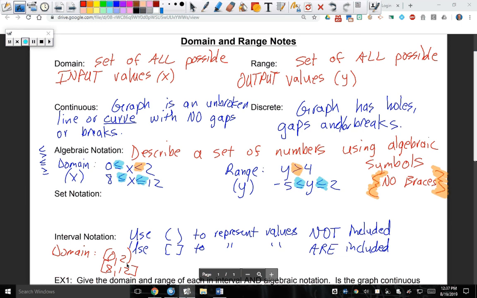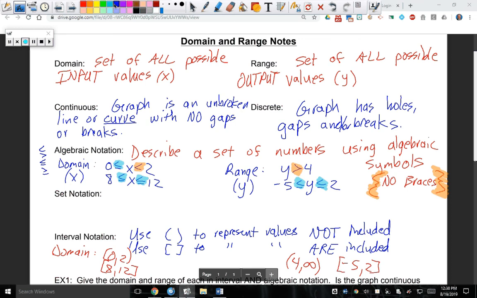So parentheses on the 2, brackets on everything else. Okay? And over here on the range, we're going to put y's that are greater than 4. So that means I'm going to start at 4 and go to infinity. Parentheses on both. This one I'm going to start at -5 and I'm going to go to 2, and I'm going to bracket on both because I'm including both of them.